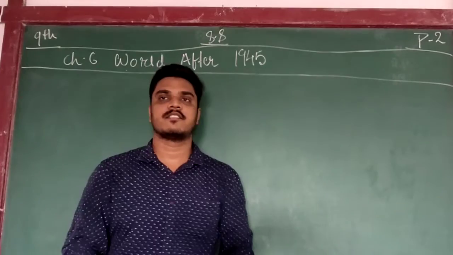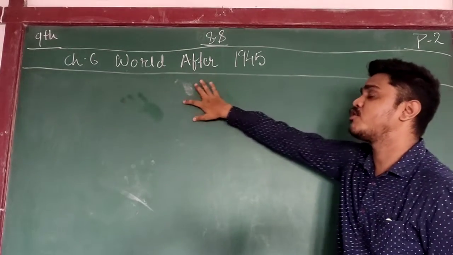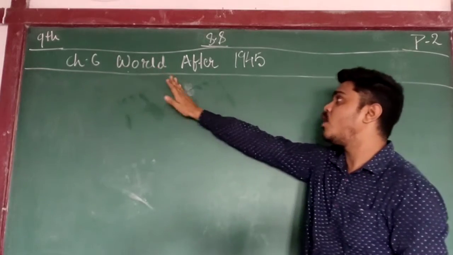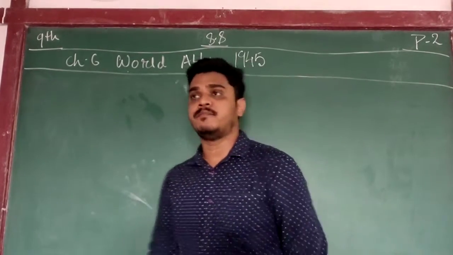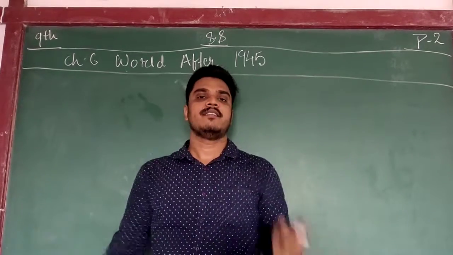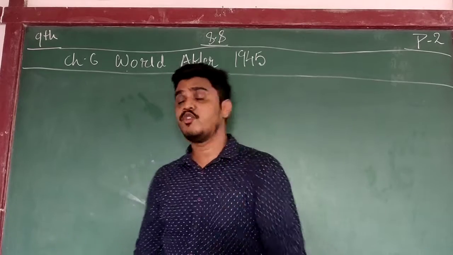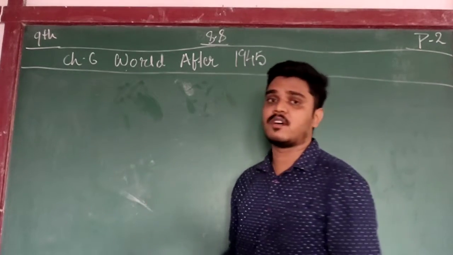Very good morning, class. Okay, so today, as you can see on the blackboard, we are going to discuss chapter 6, World After 1945, part 2. After World War 1 and World War 2 were completed, what happened in the world?